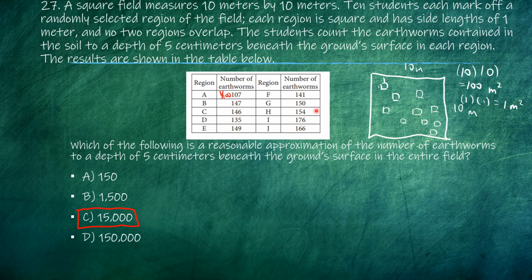entire field. And from each of these small regions, the number of worms that they found ranges from the smallest 107 all the way to 176. And if we were to expand this region to cover the entire field, we multiply each of these by 100. So this is for a small region.